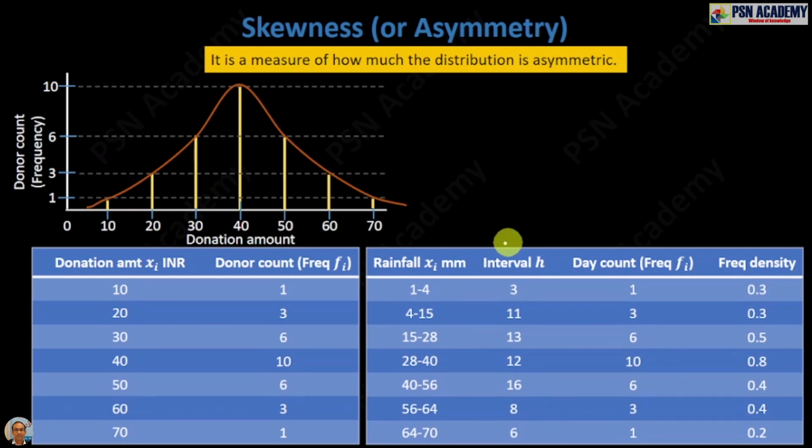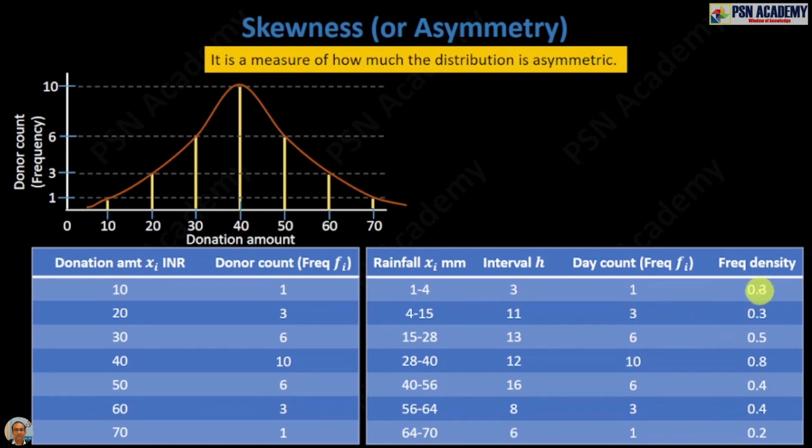Now we have a table where the class widths are unequal. You see, the first class interval is 1 to 4, that means the interval is 3. The second class interval is between 4 and 15, and the interval is 11. So the intervals are not the same here, and you have the day counts 1, 3, 6, 10, 6, 3, 1, just like this.